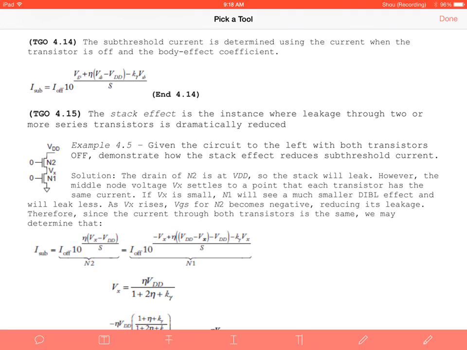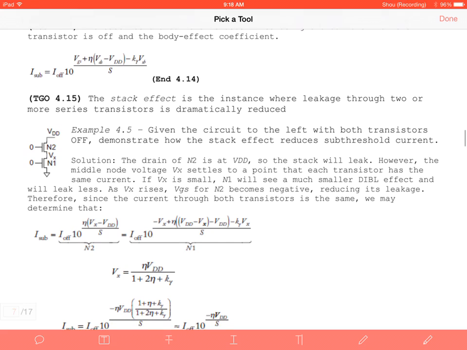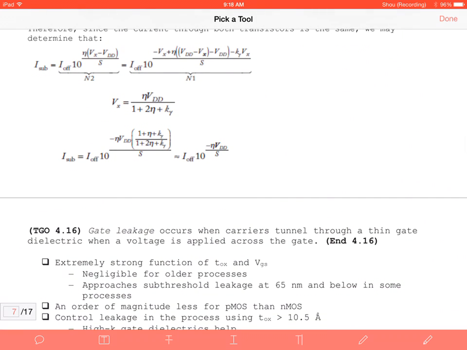You're getting rid of this gate source voltage, getting rid of this drain source voltage, and you're significantly reducing the source base voltage. So by putting them in series and getting this stack effect, you're significantly reducing your leakage. And ultimately, in stack effect, this is another reason why NAND gates work better than NOR gates.